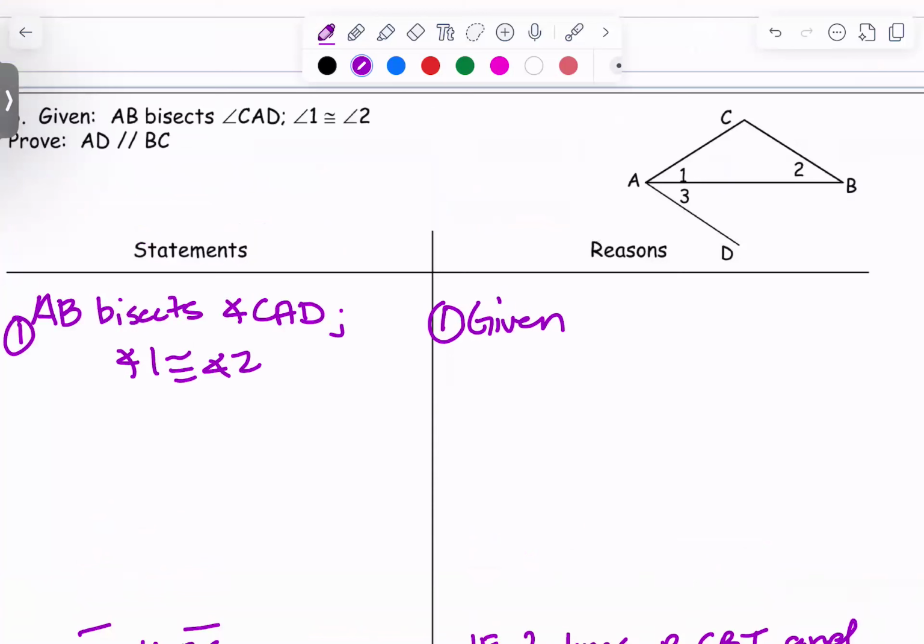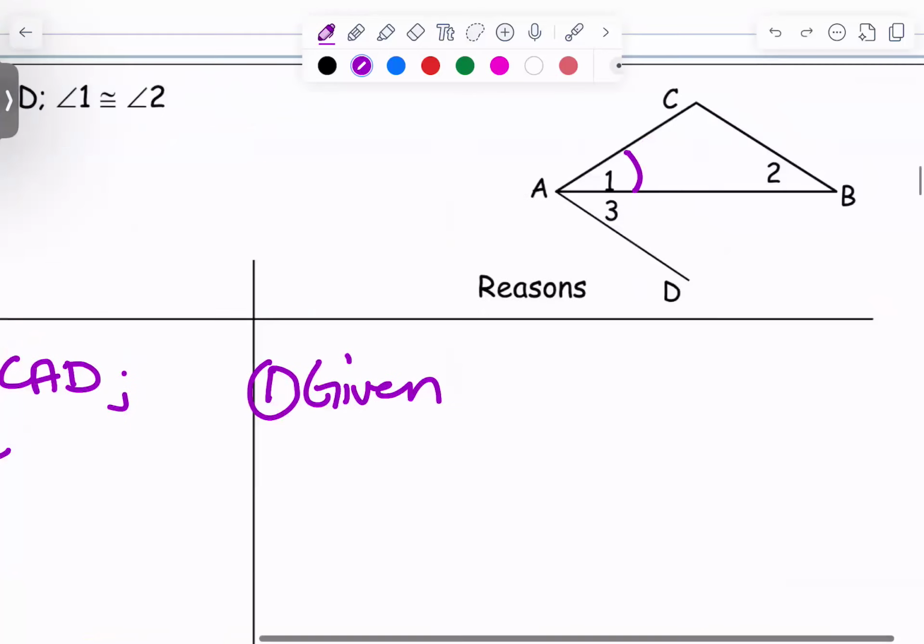So we got AB bisects angle CAD, and angle 1 is congruent to angle 2, right? And we're going to prove that AD is parallel to BC. What else do I know? Angle 1 is also equal to angle 3.